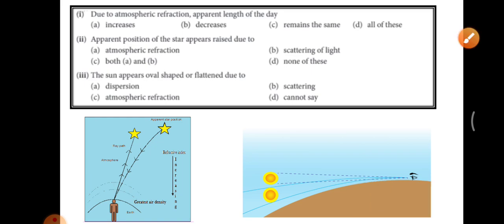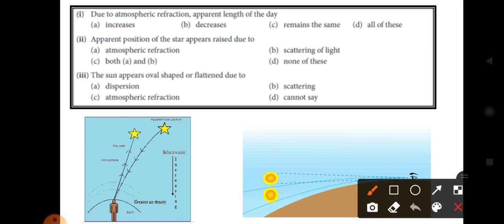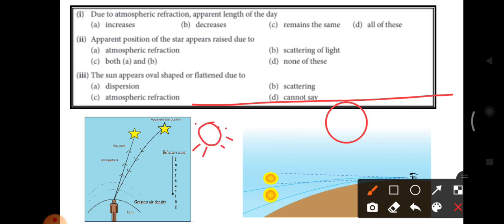See, this is our earth. This is a horizon line. When the sun is below the horizon, it enters into the earth atmosphere and is refracted. If you draw the backward line, from the bottom it is refracted, and from the top also it is refracted.